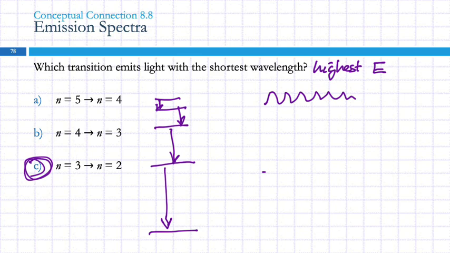And then sometimes the questions will be kind of tricky because they'll also give you like n equals 1 to n equals 2. You're like, oh, well, the difference in energy between 1 and 2 is bigger than between 2 and 3. But does this represent energy being emitted from the atom? This is going up in energy. This is the atom absorbing the energy. So you have to watch out for that.